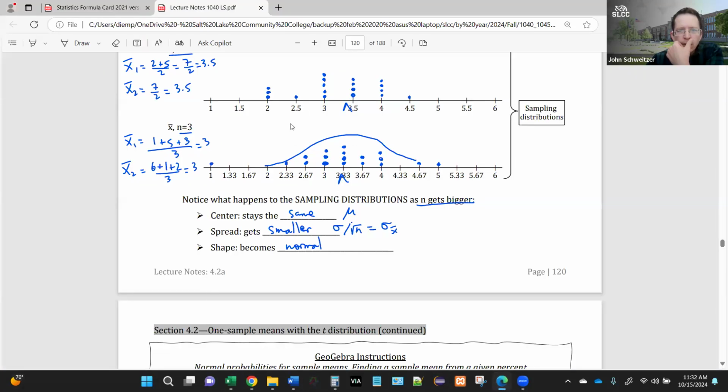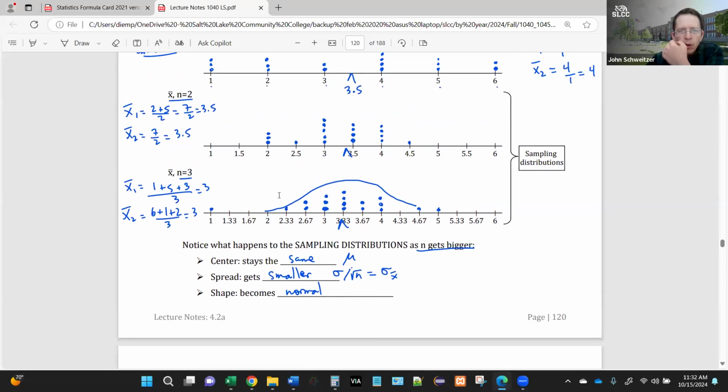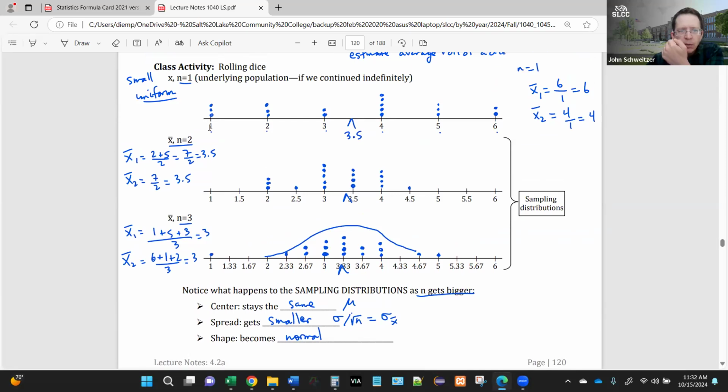Towards the end of class, we did this activity where we were calculating X bar, the sample mean, and we did it for 3 different sample sizes, ranging from small to larger, although even 3 is pretty small. And what we saw is that as we increased the sample size, X bar became relatively bell-shaped.